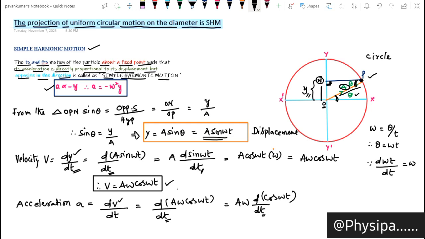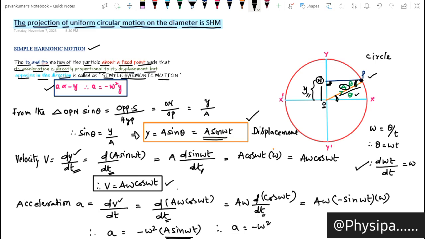The differentiation of cos omega t with respect to time is minus sin omega t, and we know that d by dt of omega t is omega, so we have to multiply by omega. Therefore, the acceleration of the particle a is equal to omega into omega, that is, minus omega square A sin omega t. Replace this A sin omega t with the displacement y, then we get a is equal to minus omega square into y.